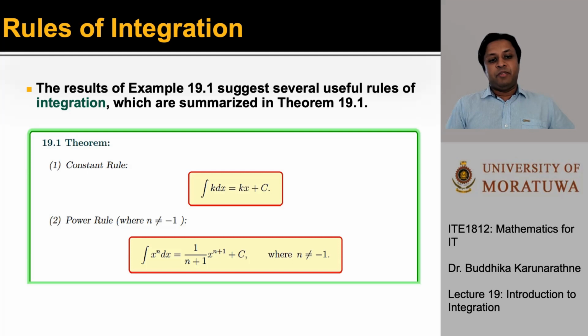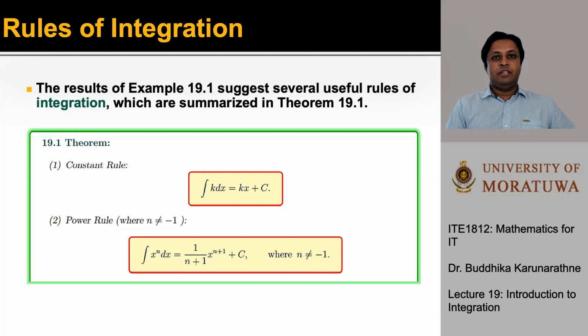And then we have the power rule. This is defined for n not equal to negative 1. We will see what happens when n is equal to negative 1 in a later slide, because then the whole thing would be completely different.